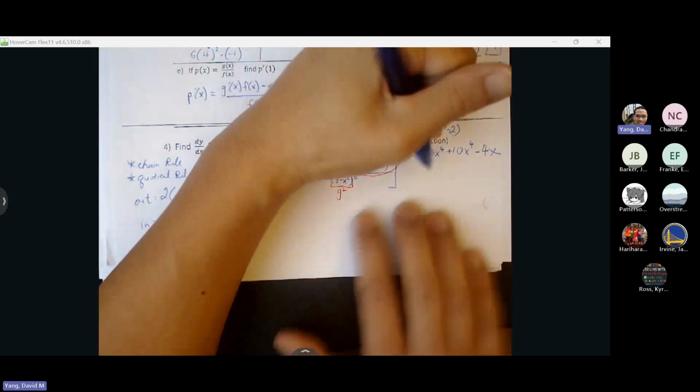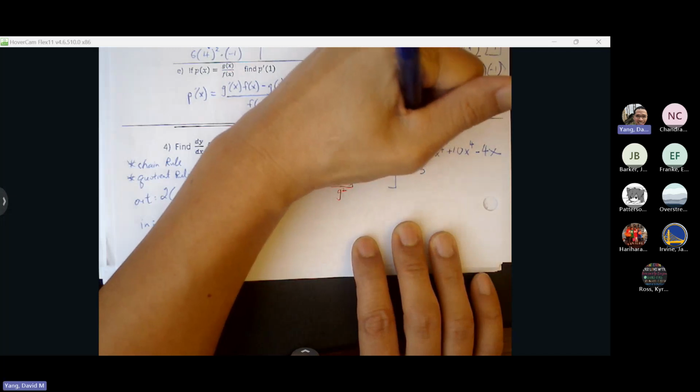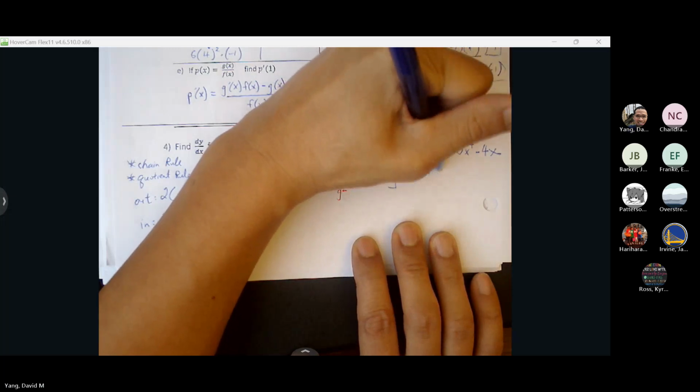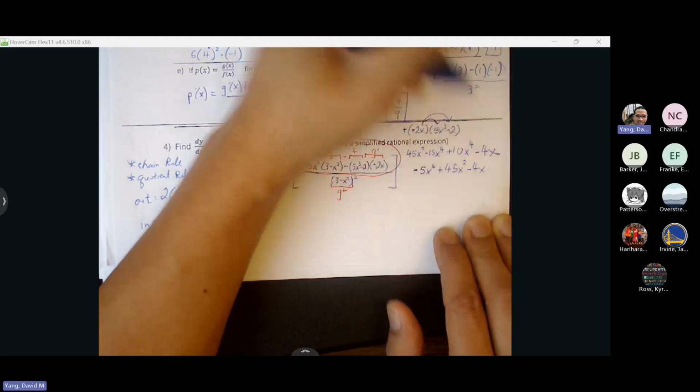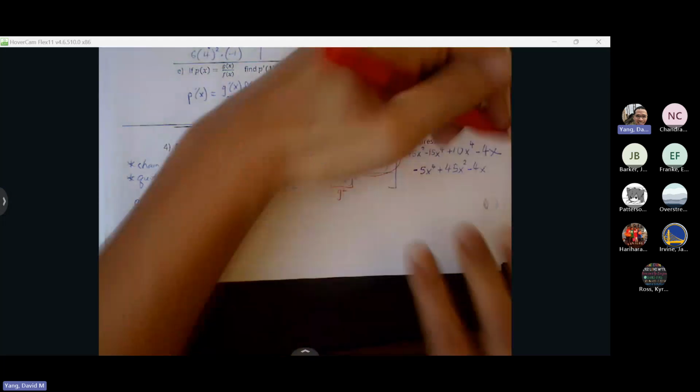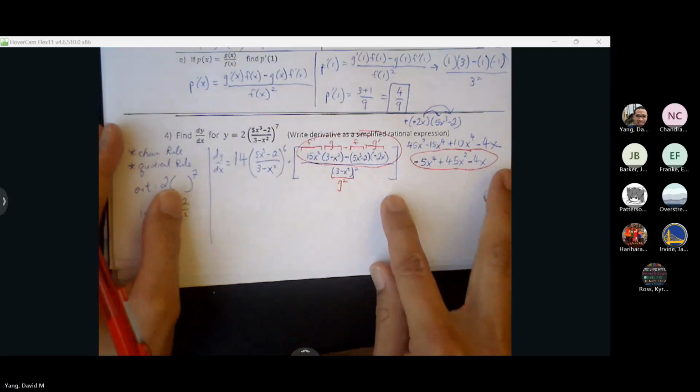All this cleans up to be negative 5x to the 4th plus 45x squared minus 4x. So this is my cleaned up version of this numerator portion of this fraction.